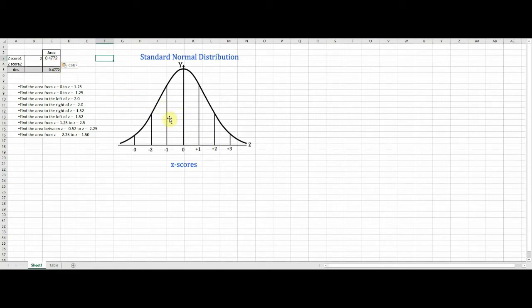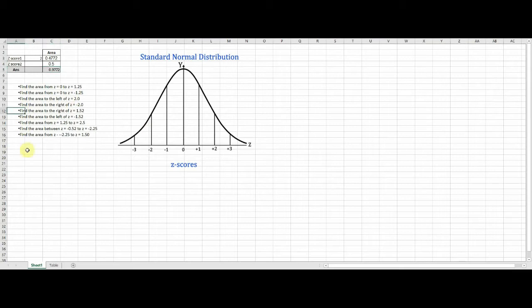Since we're going to cover the entire left side, we're going to add 0.5. And the area to the left of 2.0 is 0.9772. For the fourth example, it will be the same, because if it is on the left side, which is negative, and the direction is on the right side, we will have the same area.